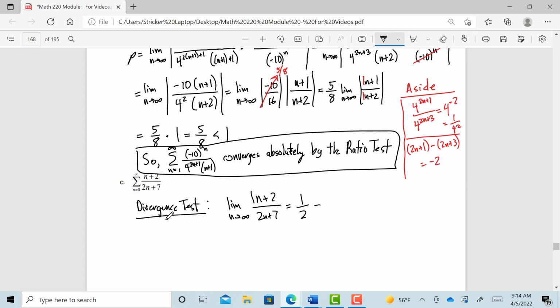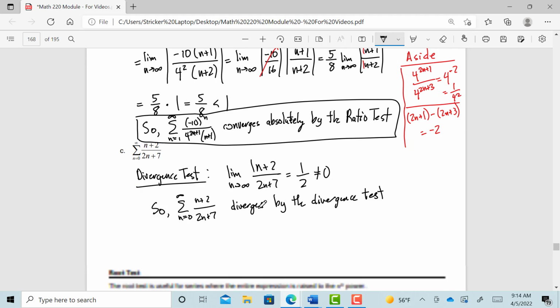And that is some constant that's not 0. That means if all the terms are approaching 1/2, for our sum, we're just going to keep adding 1/2, remember? So what does that tell us about the series? It tells us it diverges. So our series diverges by the divergence test.